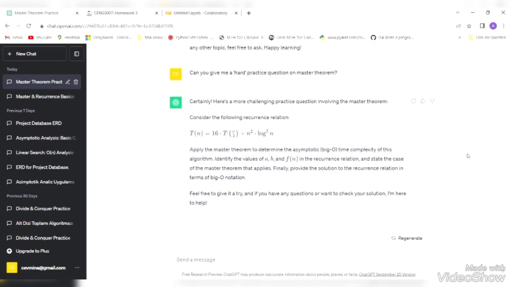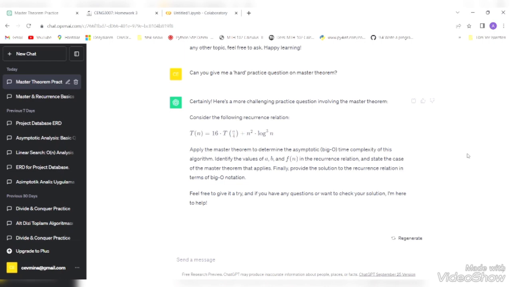Now, compare this growth pattern to known patterns. The growth is similar to n squared log n, and this is the dominating factor. In simpler terms, as the problem size increases, the time it takes grows in a way that's proportional to n squared log n.